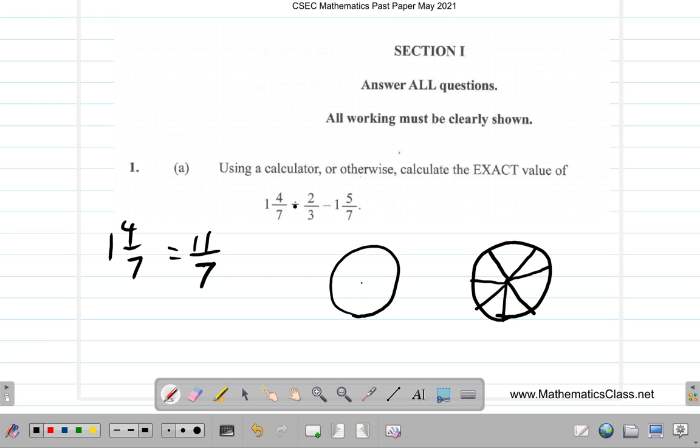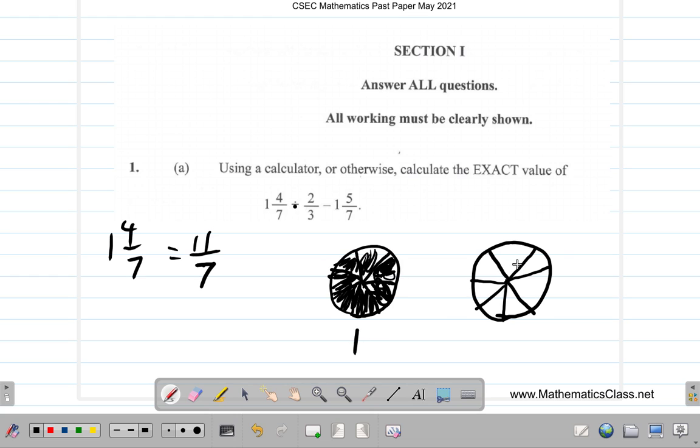You can divide this into 7 equal parts too: 1, 2, 3, 4, 5, 6, 7. Now, you see the 1? It means everything, 7 equal parts. So 1, 2, 3, 4, 5, 6, 7. Alright, shade them.